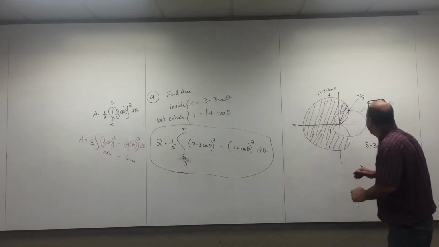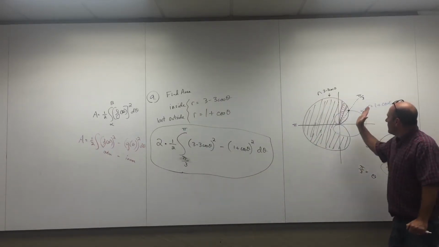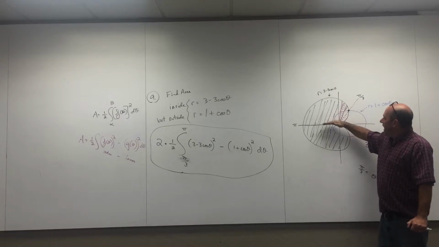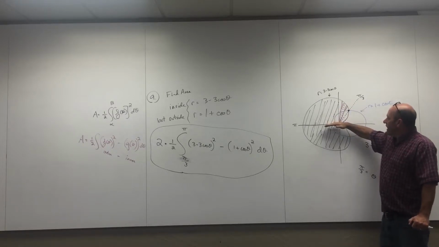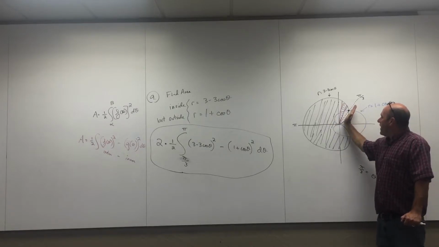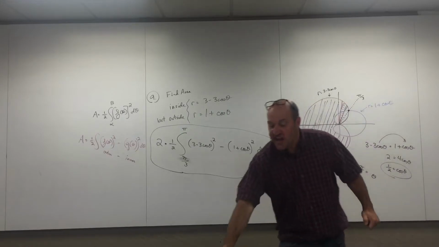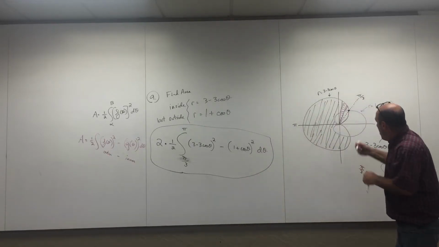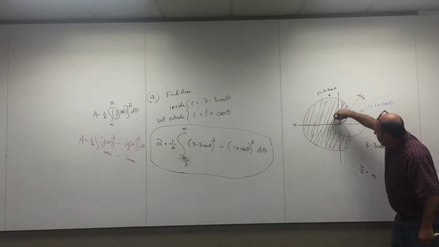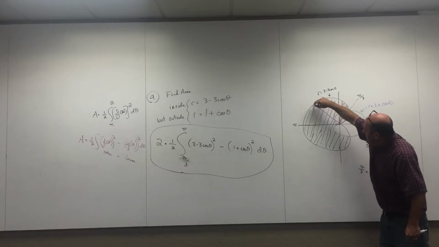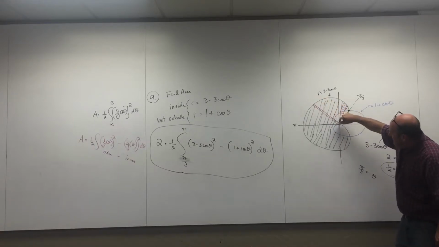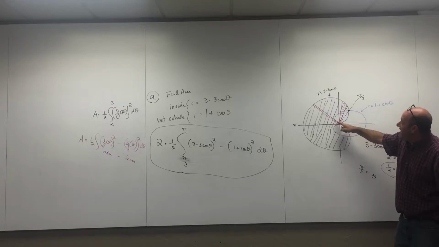Hold on. If I'm going to go from pi over 3 to pi and double it, I'll get all the black area. And all the way from pi over 3 to pi, I will be sweeping out sectors that contain a little bit of white area that I don't want.